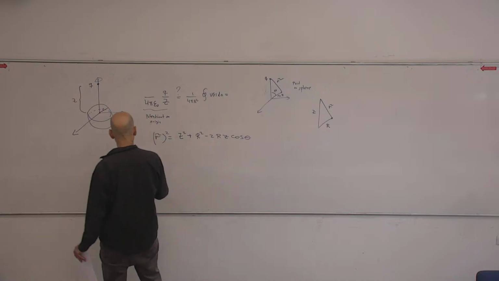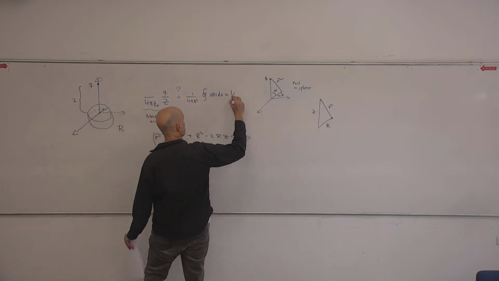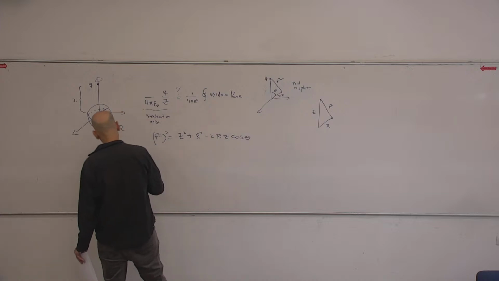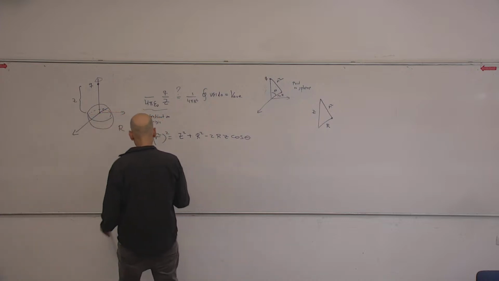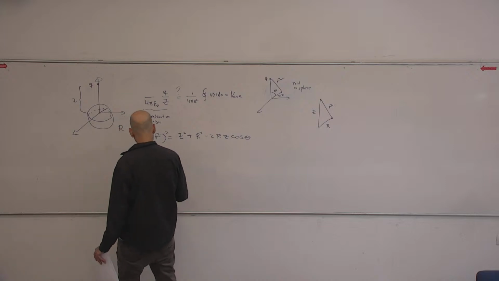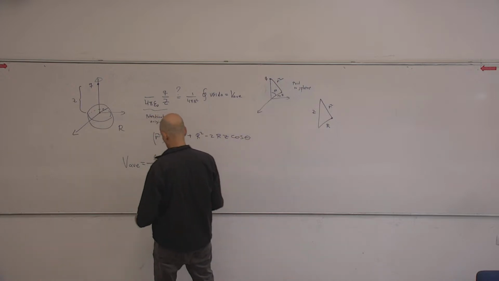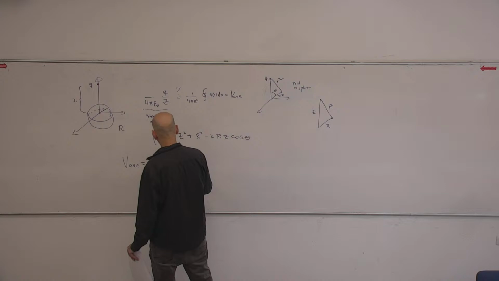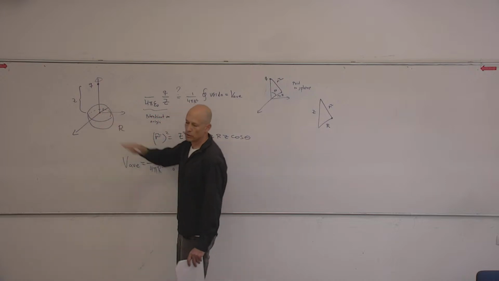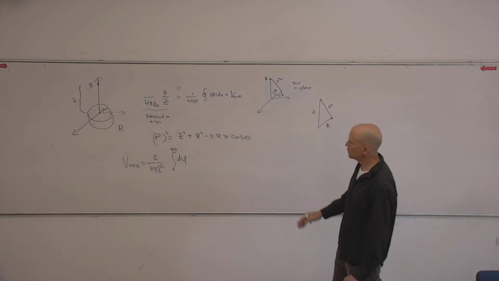So what is the V average? I need to divide by 4 pi r squared. That is the surface of the sphere. Now I need to write explicitly and explain what I mean by this dA. So it's d phi, the usual angle phi, which is in the xy plane, from 0 to 2 pi.